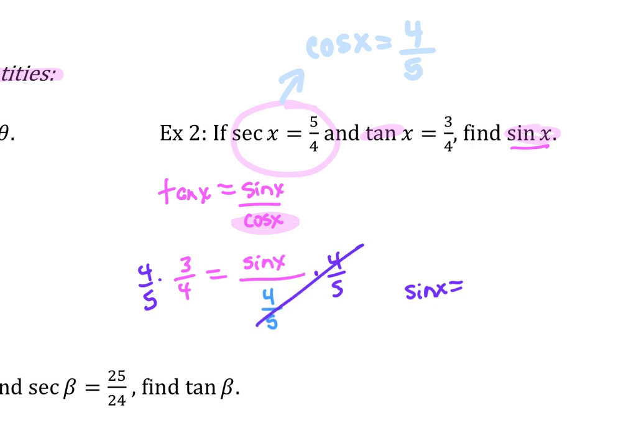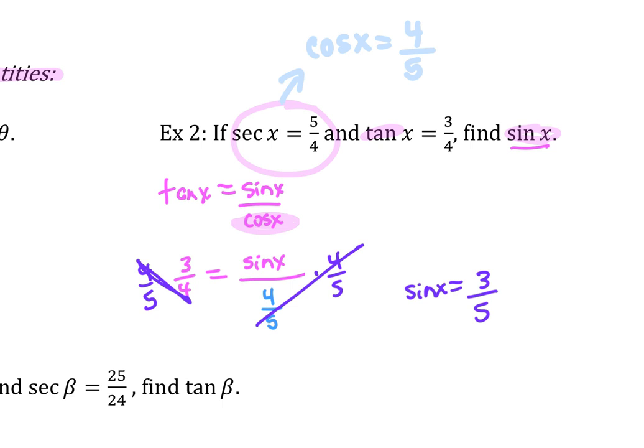Because this divides out, right? What happens with the 4's there? Those divide out and we are left with how much? Hold on, we're multiplying 4/5 times 3/4. So the 4's divide out and we're just left with 3/5.